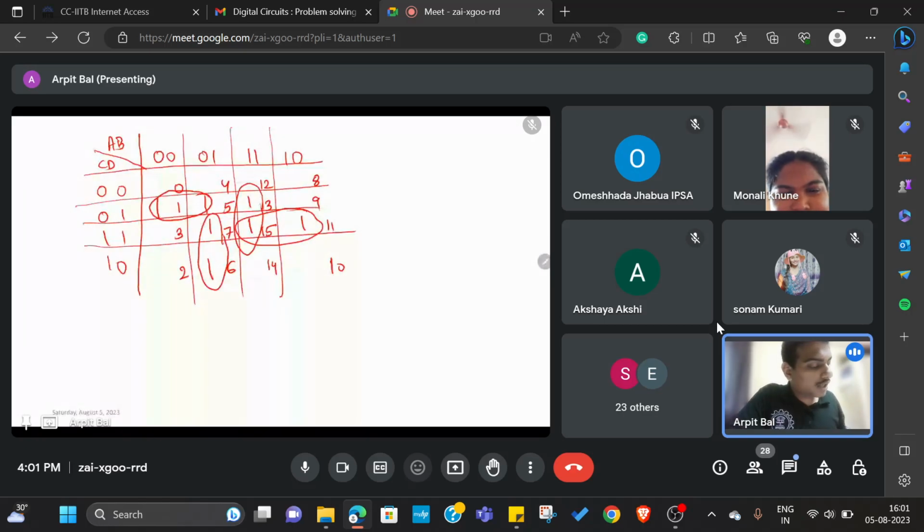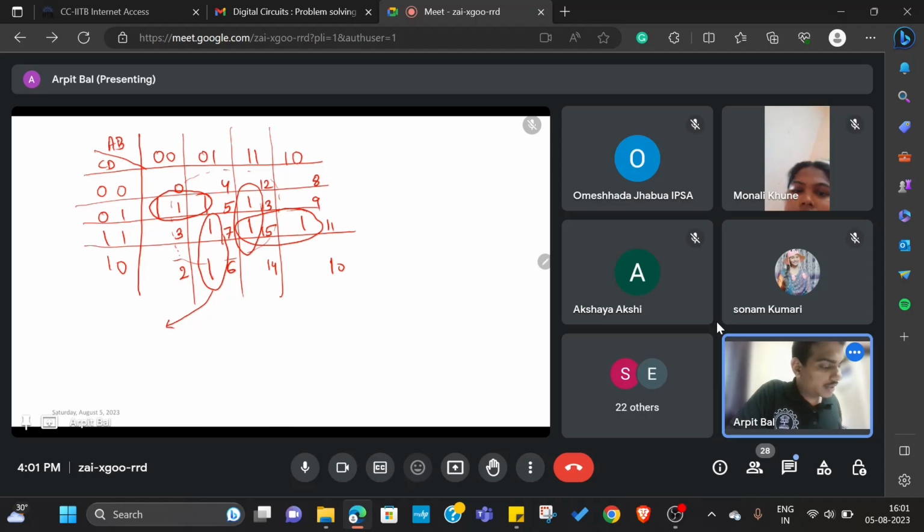We can also have a group that takes care of 4 ones present at the center, but those ones are already covered by the other 4 circles, right? So adding that extra innermost circle will be redundant, correct?